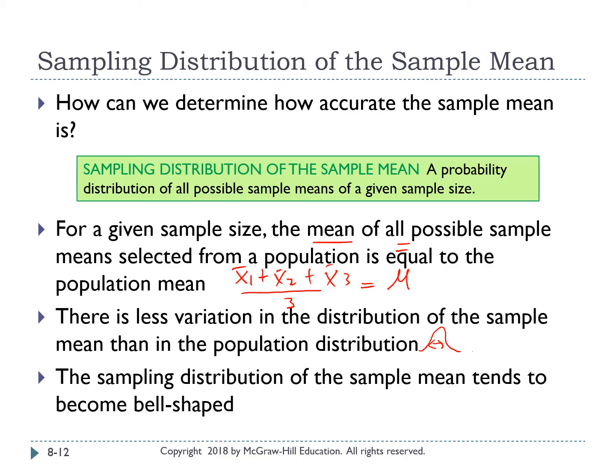So your population will look like this. So the variation is actually larger. So definitely your sample estimation is actually accurate. Next, the sampling distribution of the sample mean tends to become bell shaped. We will explain all these 3 points in detail in the following slides.